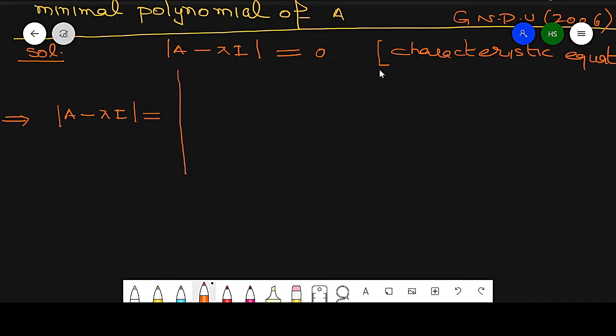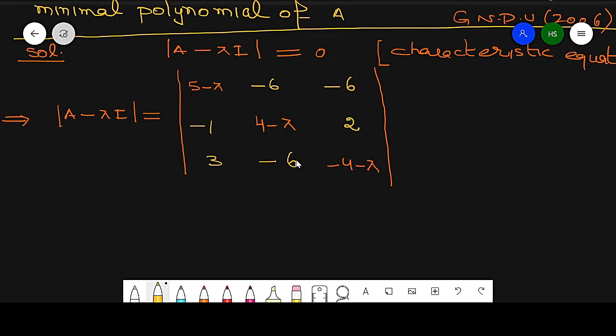The determinant has 5 minus lambda, 4 minus lambda, and minus 4 minus lambda on the diagonal, and the other entries are minus 6, minus 6, minus 1, 3, 2, minus 6. Now simplify this determinant.